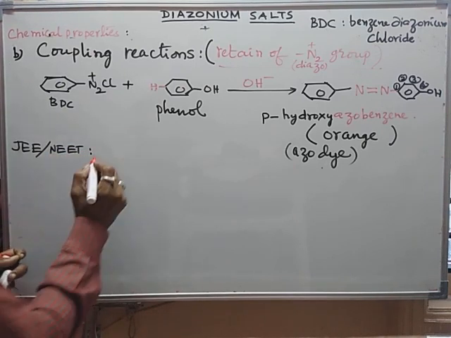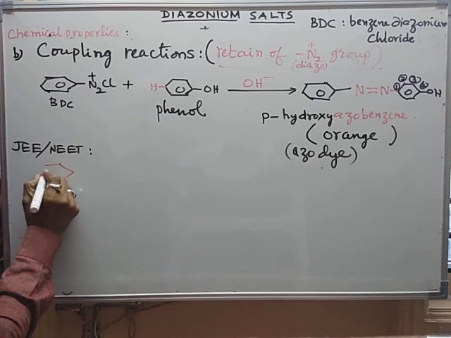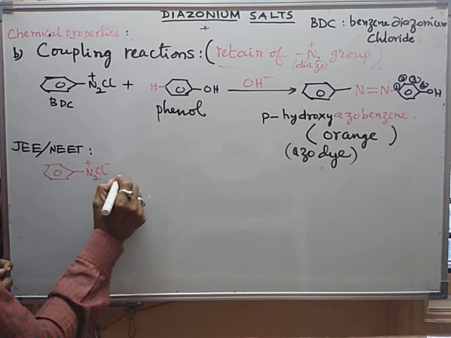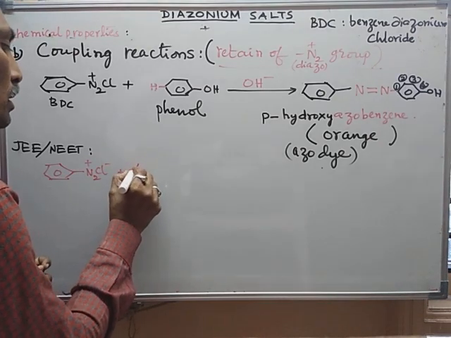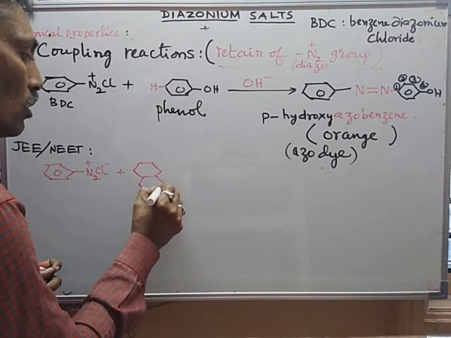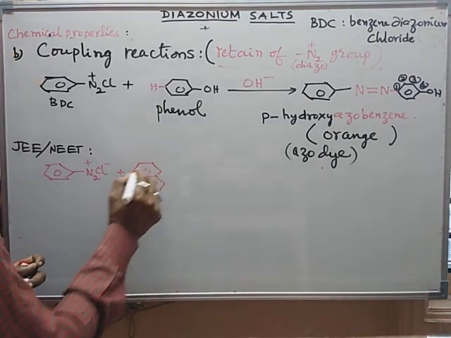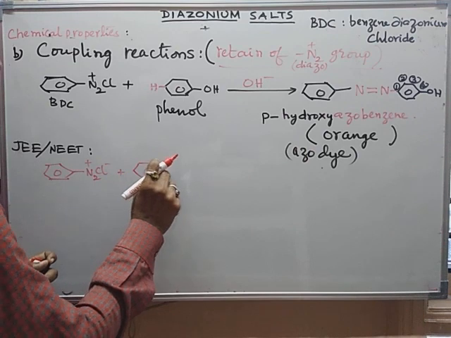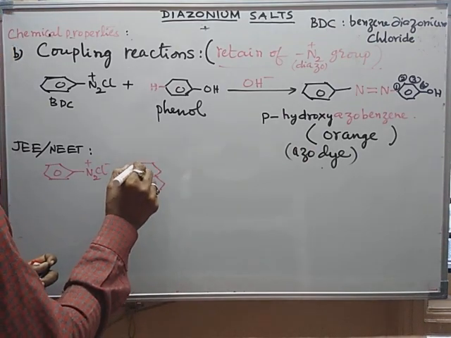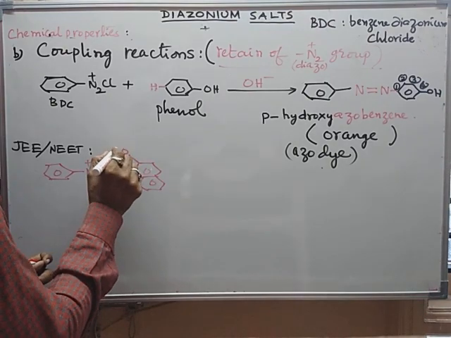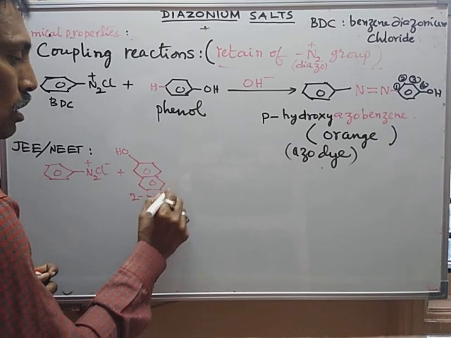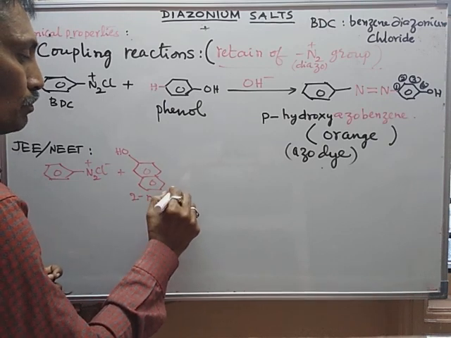Here benzene diazonium chloride, N2 plus Cl minus, is mixed with 2-naphthol, that is beta naphthol, with 2 benzene rings. This is first carbon, this is second carbon, and it is better to write here, no problem, OH, and it is known as 2-naphthol or beta naphthol.